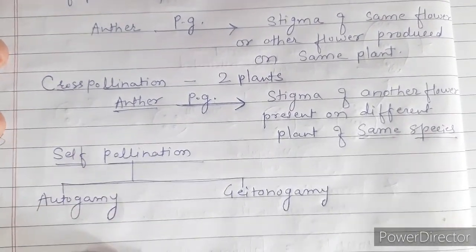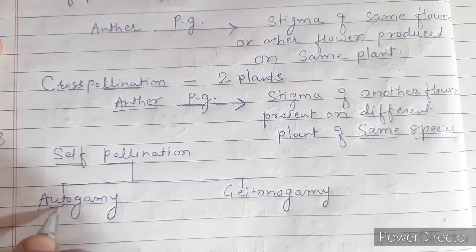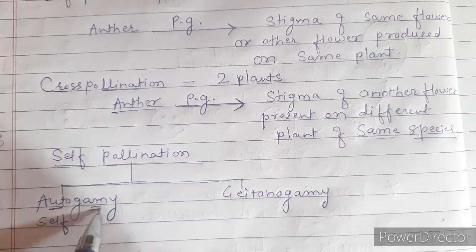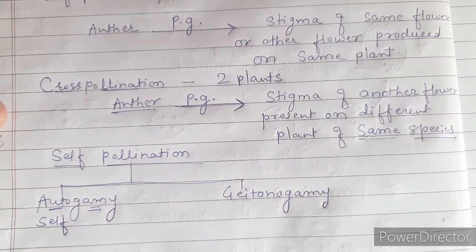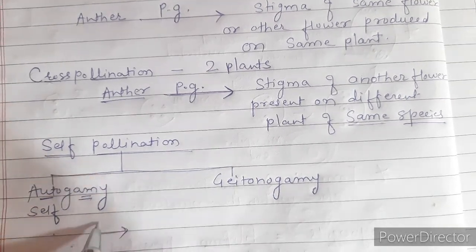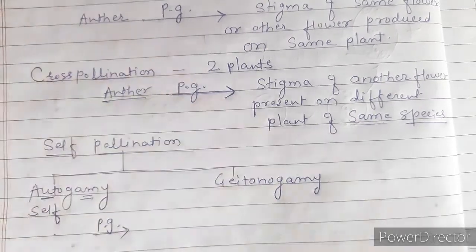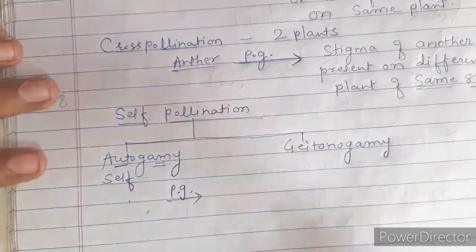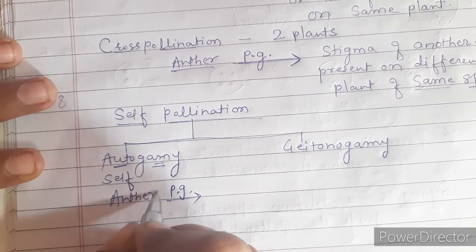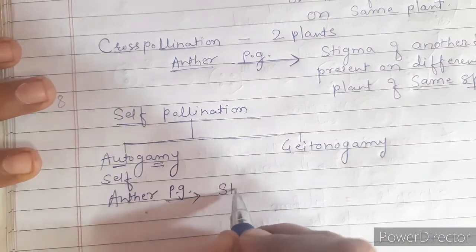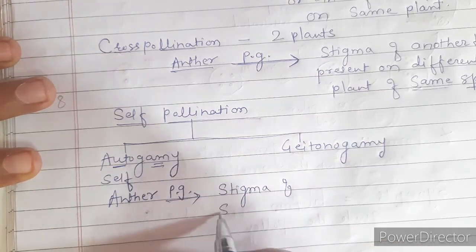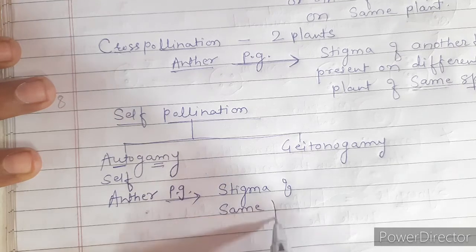So, autogamy: auto means self, and gamy is for gametes. See here, if the pollen grain is transferred from the anther of a flower to the stigma of the same flower.